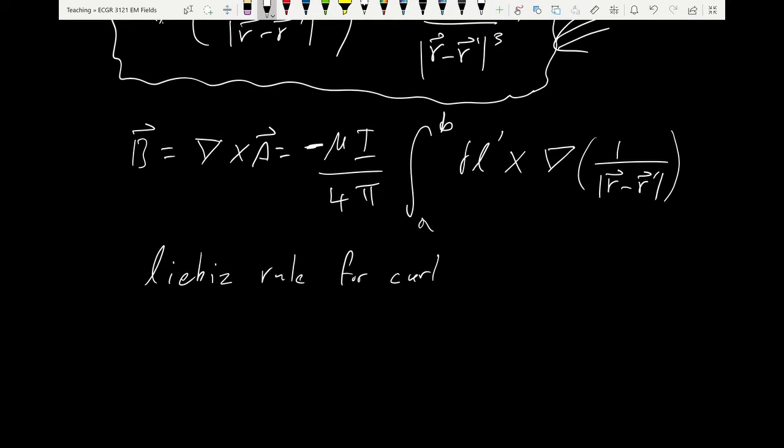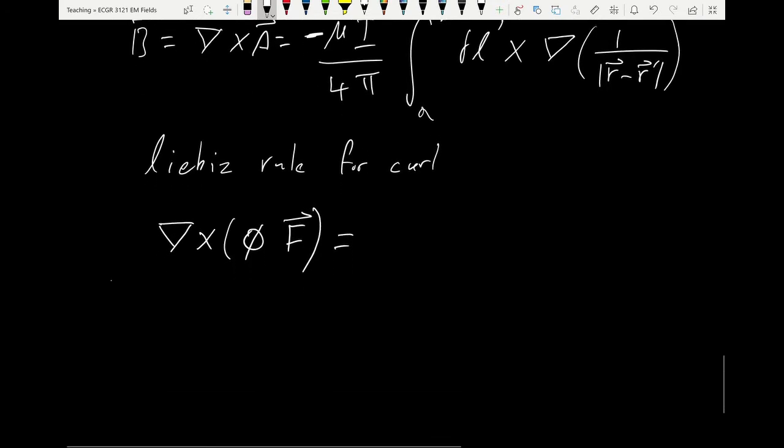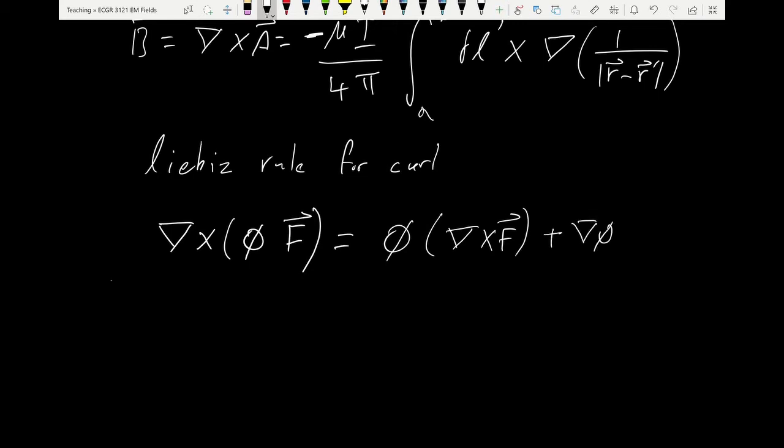There's also the Leibniz rule for the curl of a scalar field times a vector field f. I'm going to write it in general. So the curl of phi times f is going to be phi times the curl of f plus the gradient of phi cross product f.